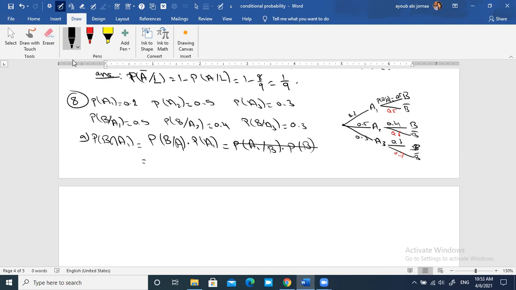So probability of B given that A1 is 0.5 times probability of A1 0.2. The answer is 0.1. Here you'll get probability of B intersection A1. It is times, not minus, multiplication. This is the rule.